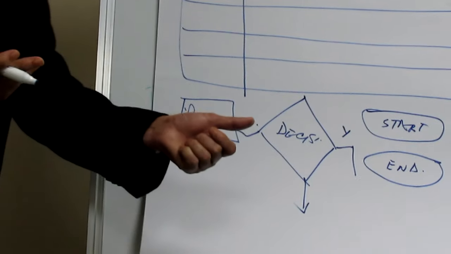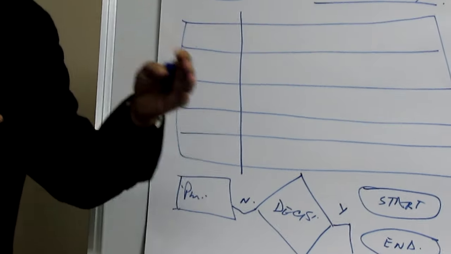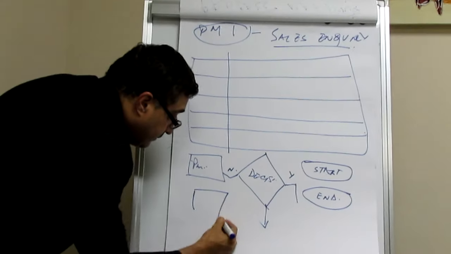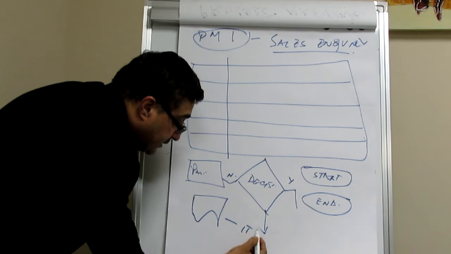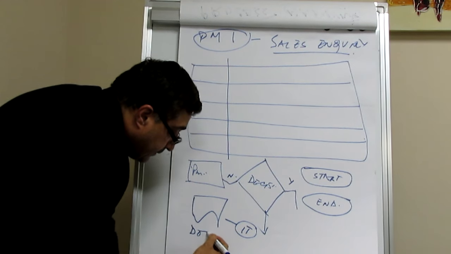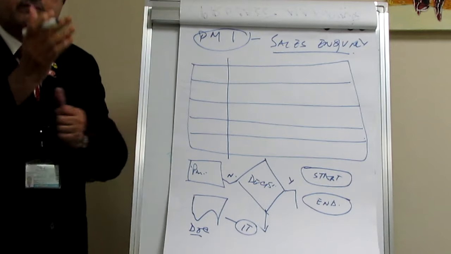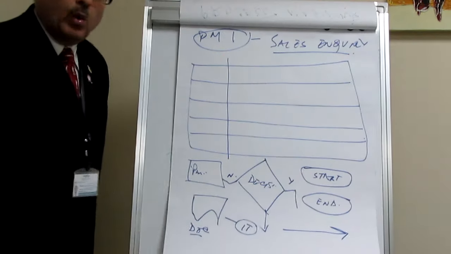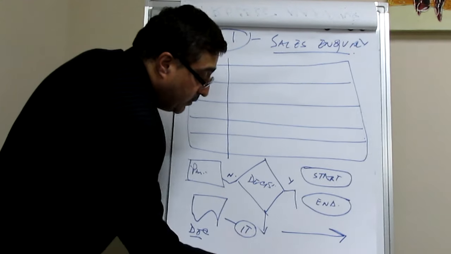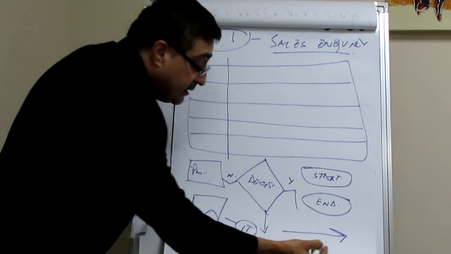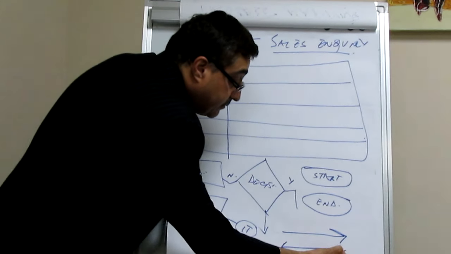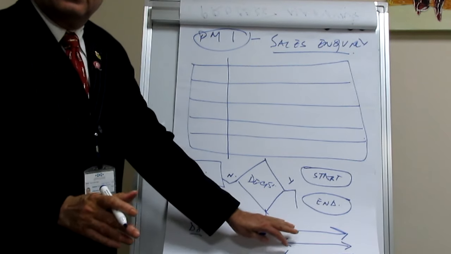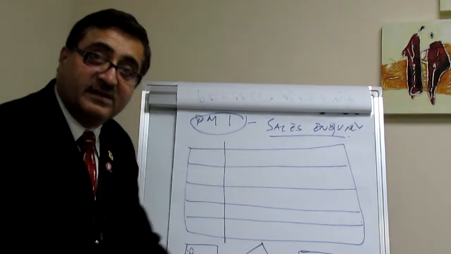And the documents which are flowing from one department or one person to another person are, in IT terminology, the document. And how the flow takes place: the arrows. One-way arrow, reverse arrow, and double arrow. I am stopping the symbols description at these basic symbols.